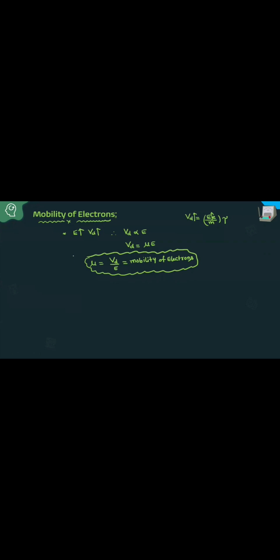The magnitude of drift velocity or drift speed per unit electric field is called mobility of electrons. The magnitude of drift speed per unit electric field is called mobility of electrons.